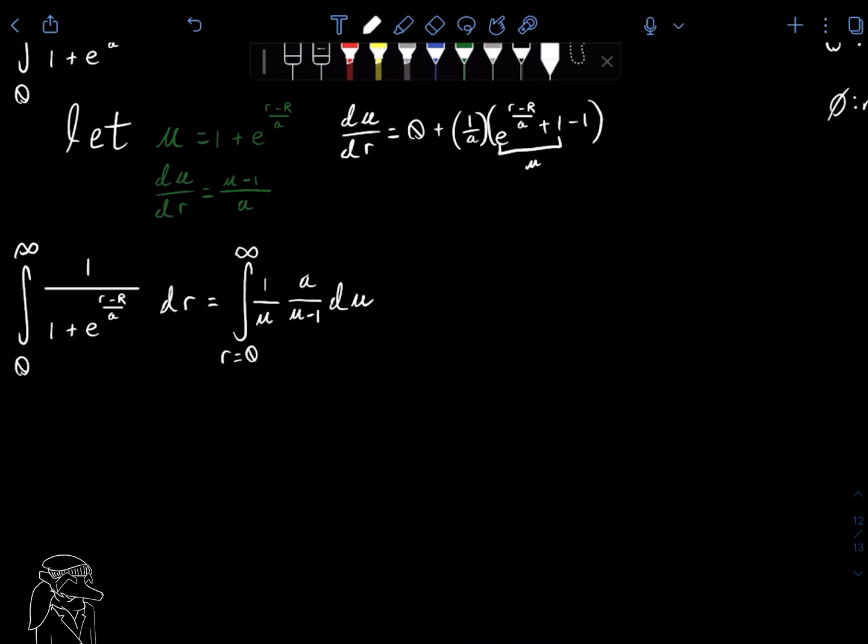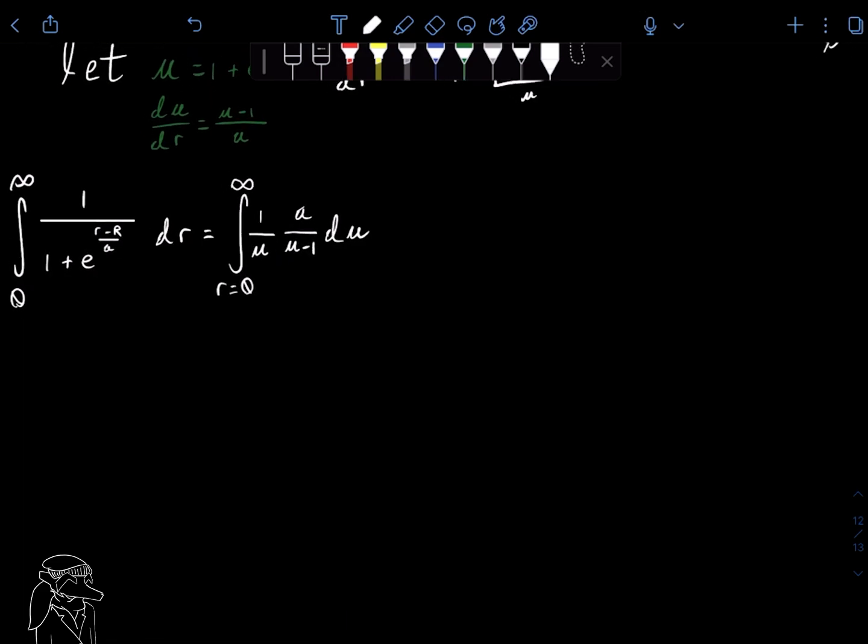And because a is constant in terms of u, we move it outside of the integral and rewrite it one more time.